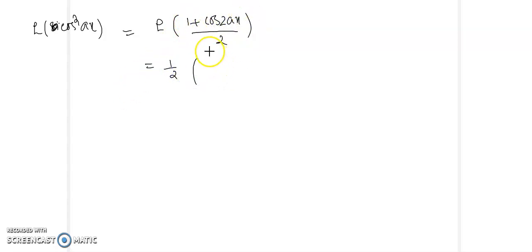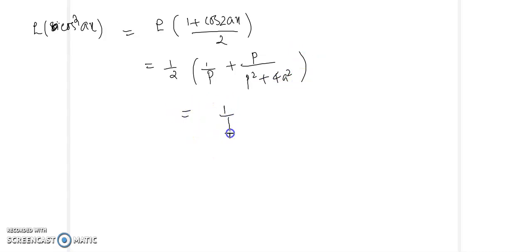And similarly L of cos square ax will be equal to L of (1 plus cos 2ax) by 2. So that is 1 by 2. L of 1 will be 1 by p and L of cos 2ax is p by p square plus 4a square.